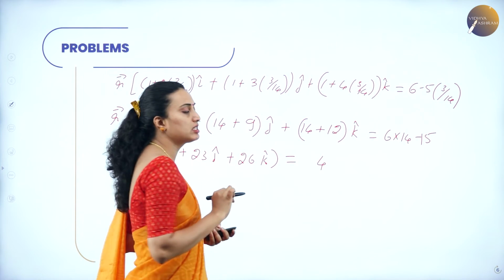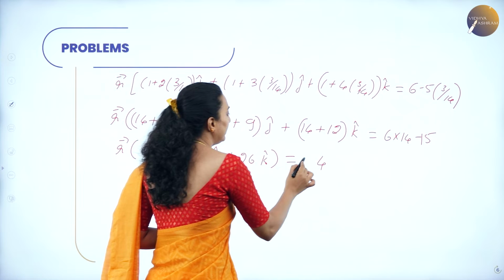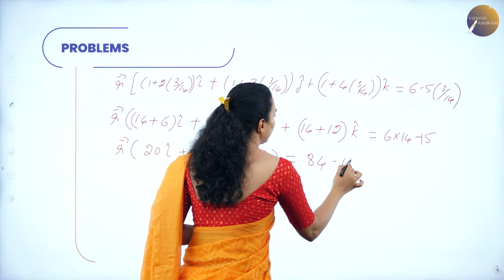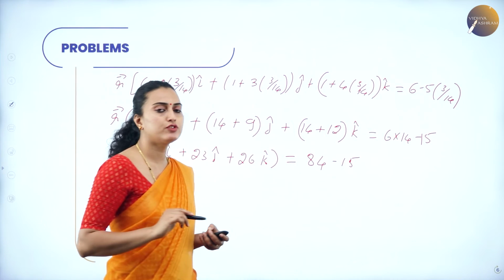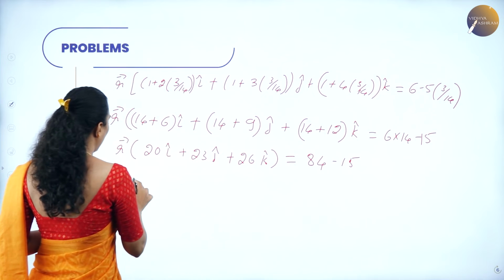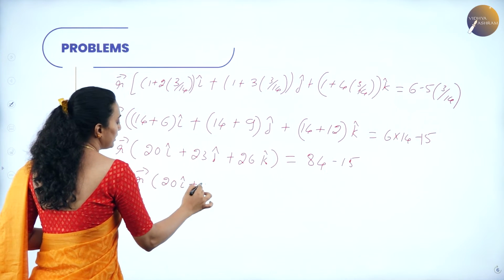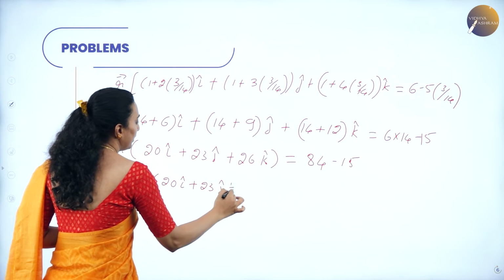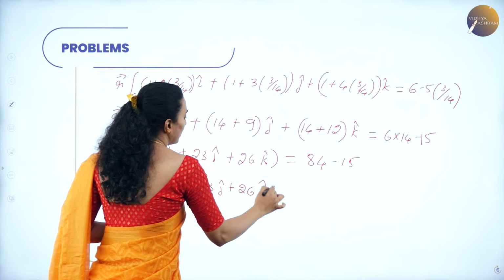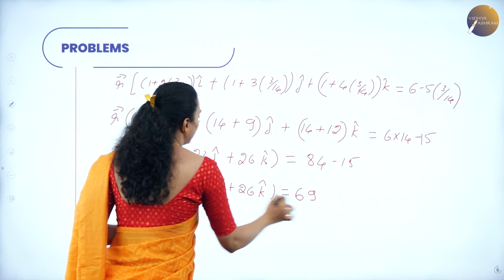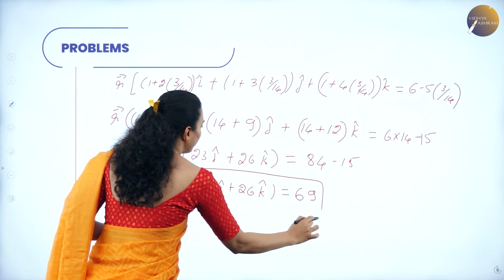Again 6 1s are 6, 6 plus 2 is 8. So 84 minus 15 gives you the value 69. So the answer is R vector into 20i plus 23j plus 26k is equal to 69, which is your vector form equation.